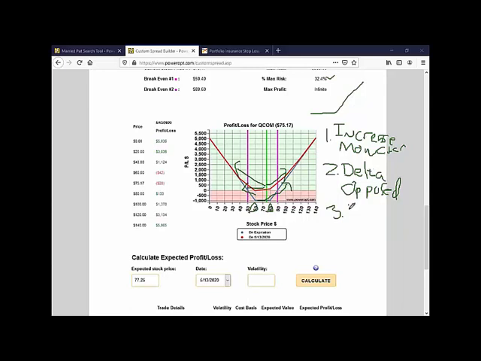Number three is the income methods drastically change the structure of this setup. It doesn't give you a preferred profit and loss chart based on what your goals are. Yes, you can still roll up the call or roll up the put as the stock moves up and make adjustments on those.